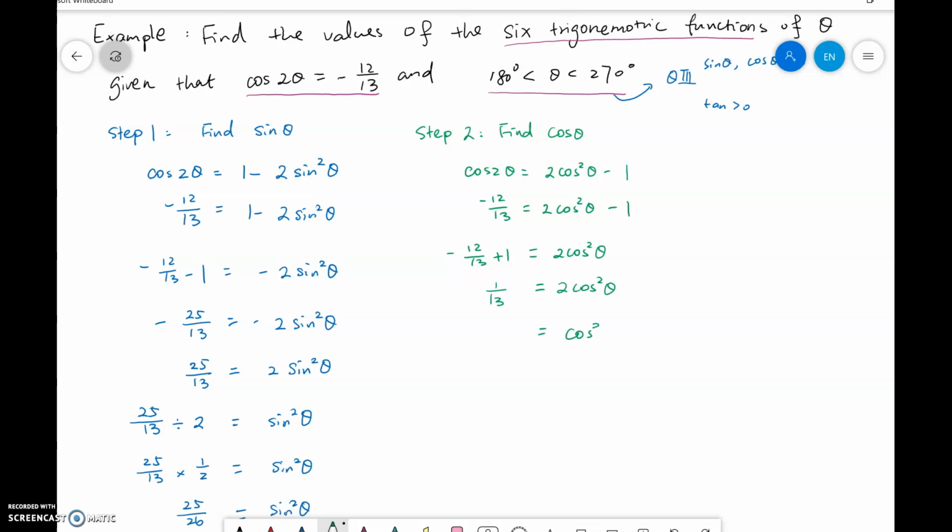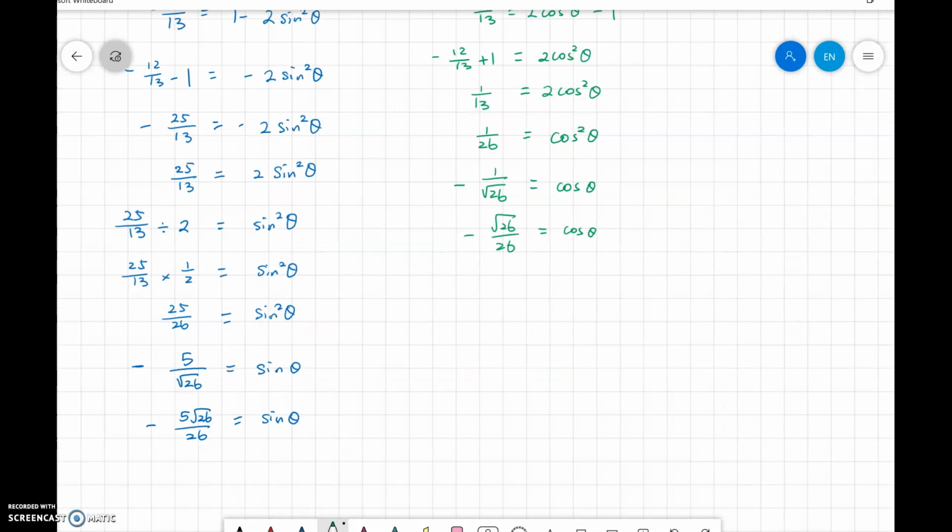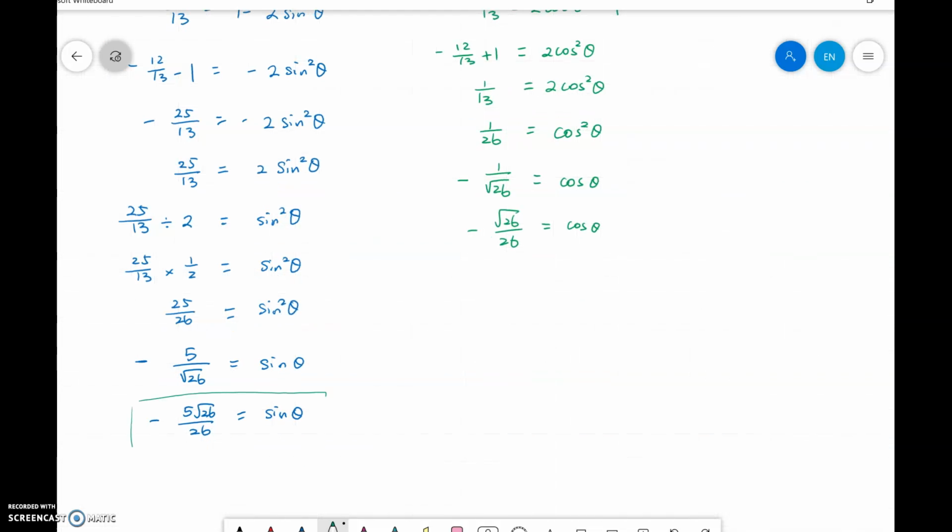And then divided by 2, we get 1 over 26. So cosine of theta will equal negative 1 over square root 26. Rationalize the denominator, which is negative square root of 26 over 26. So now we have the sine of theta and the cosine of theta.